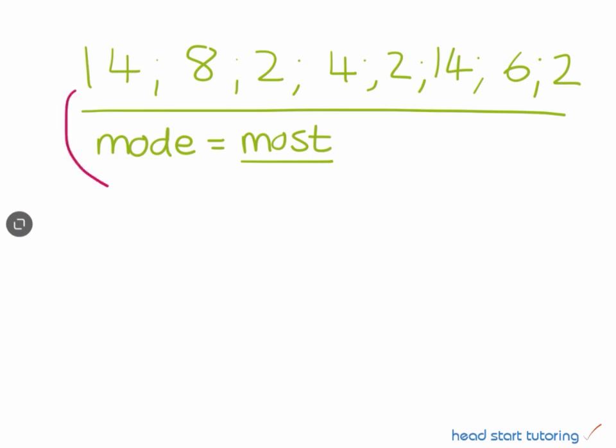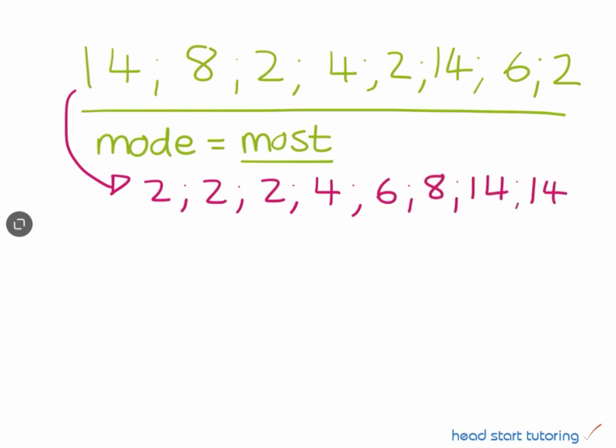So if we order these numbers, we've got 2, 2, 2, 4, 6, 8, 14, and 14. As we can see, this makes it quite easy to see that 14 appears twice and 2 appears 3 times, which means that the mode for this group of numbers would be 2.